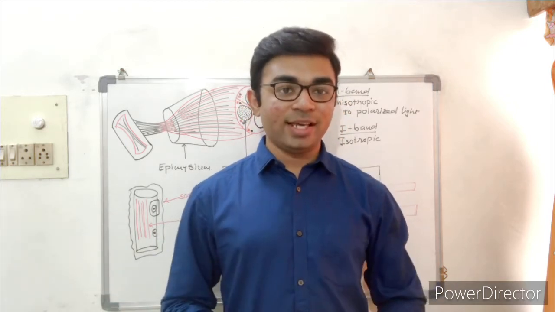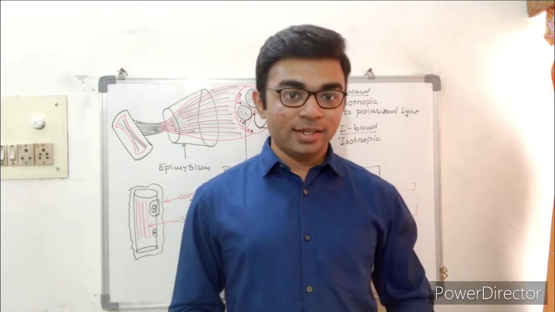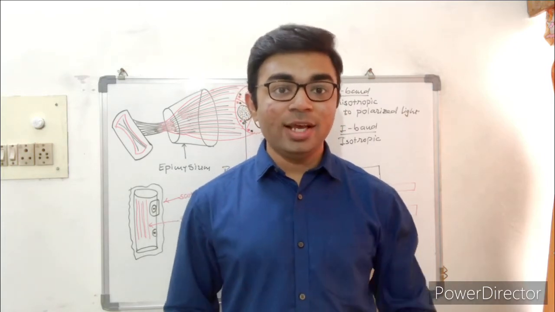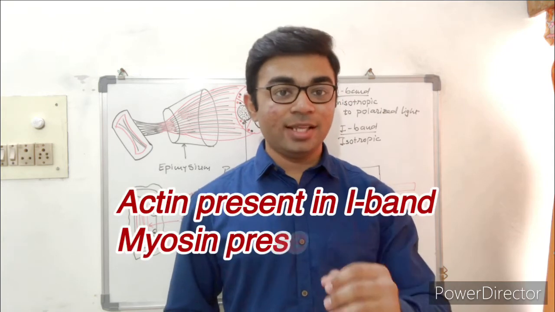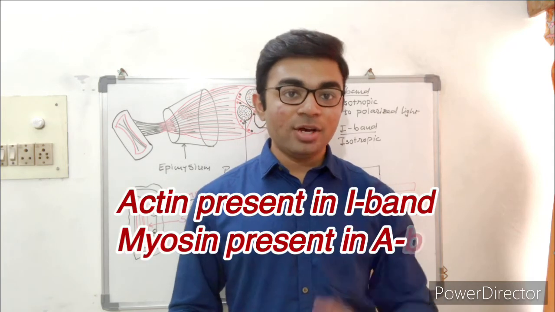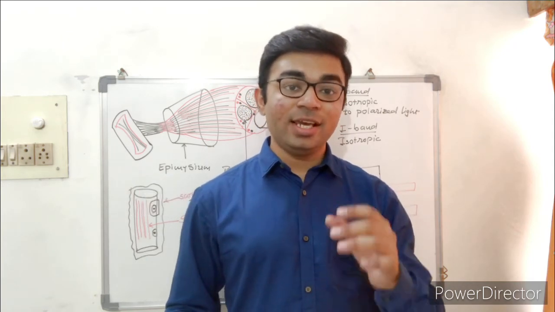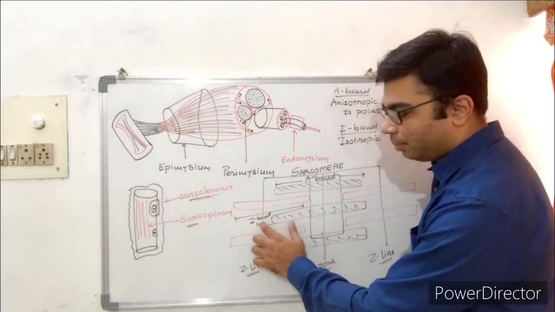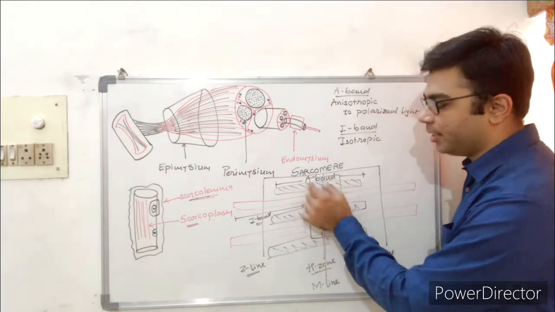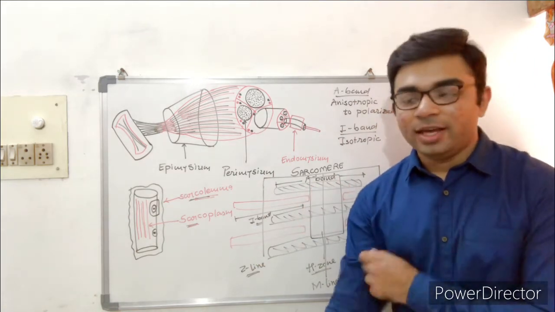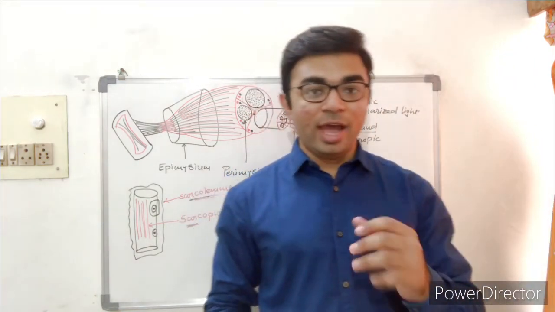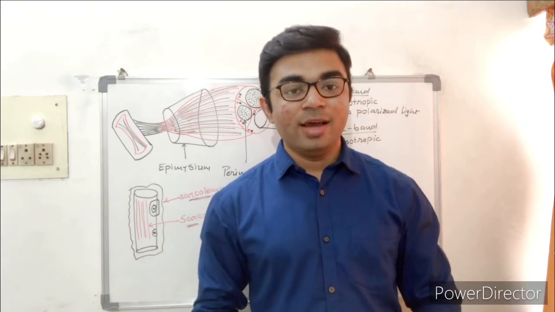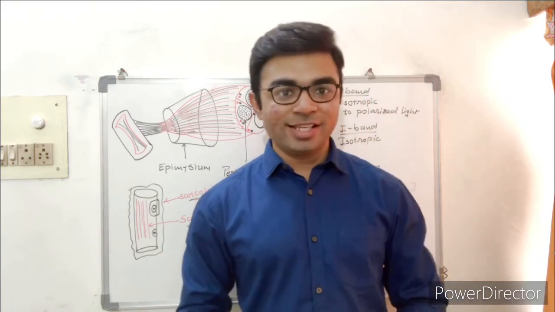But do remember that actin is present in the I band and myosin is present in the A band. Myosin is a heavy molecular weight protein, whereas actin is a little bit lighter than myosin.